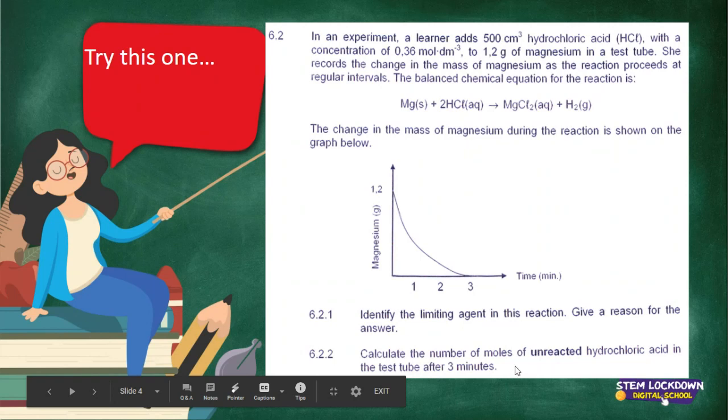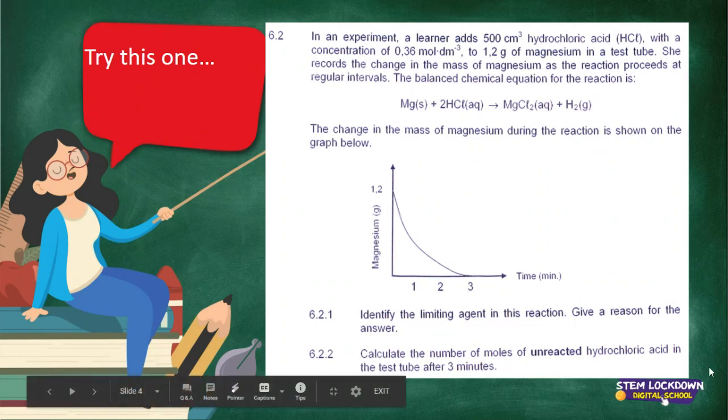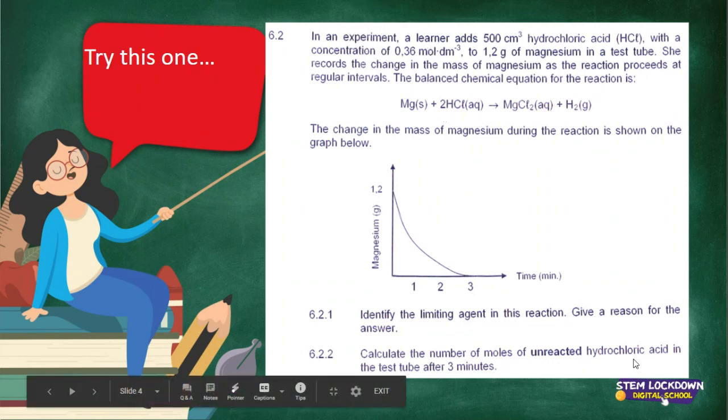That's the first question. And the second question is to calculate the number of moles of unreacted hydrochloric acid in the test tube. So already here you can see that the limiting reagent will be magnesium, because you also have unreacted hydrochloric acid.